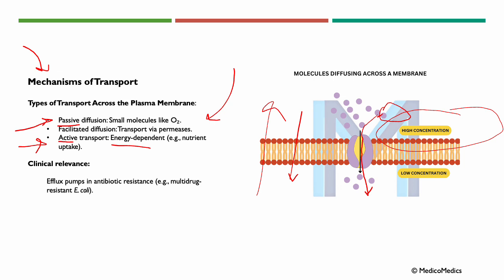Then we have active transport. Now, in active transport, the bacteria move substances against their concentration gradient. So from here out, let's say. And this requires energy, usually in the form of ATP. And this is essential for taking up nutrients like sugars, amino acids, and ions in environments where these are present at lower concentrations than inside the cell.